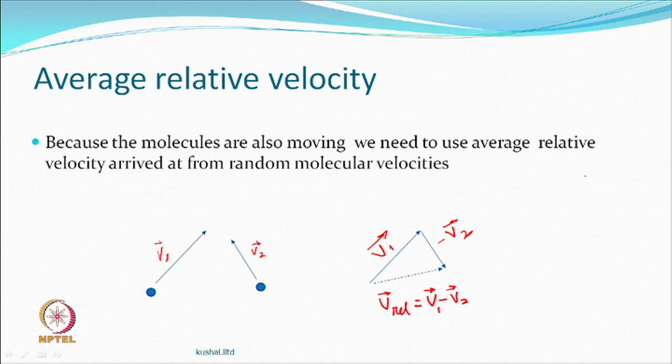So, how do you find the average relative velocity and what do you mean by that? One is moving with a v1 velocity, the direction also is seen, it is one single particle. It is a vector quantity.